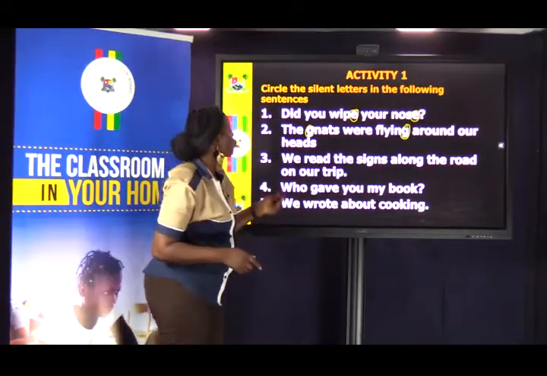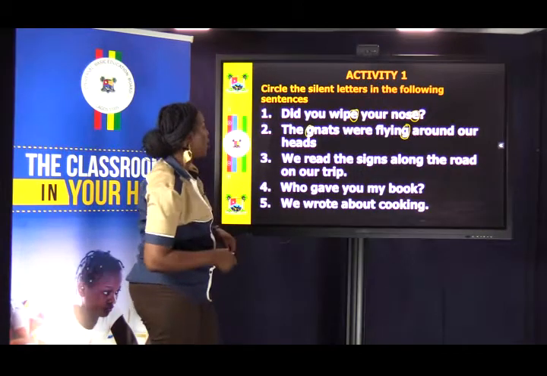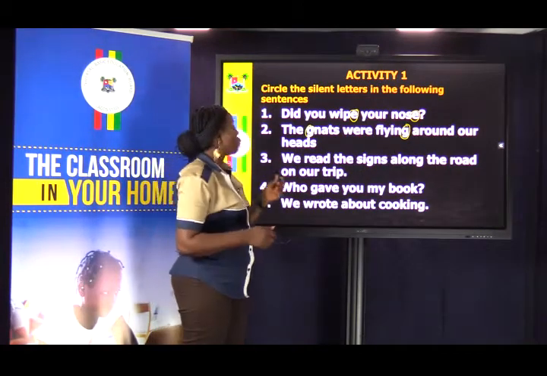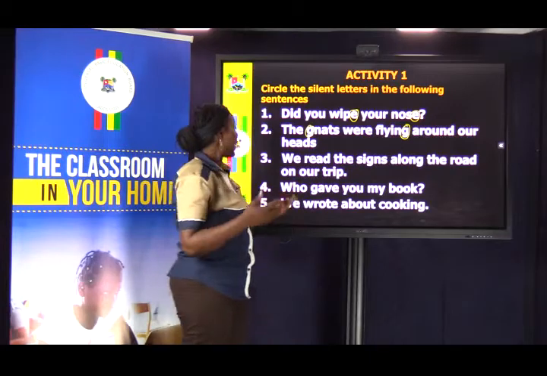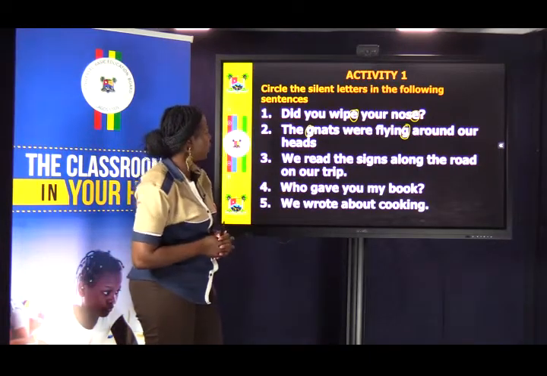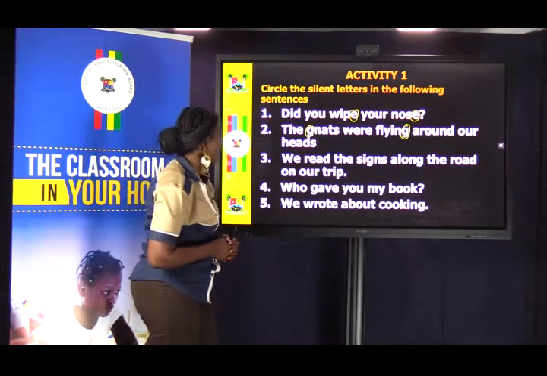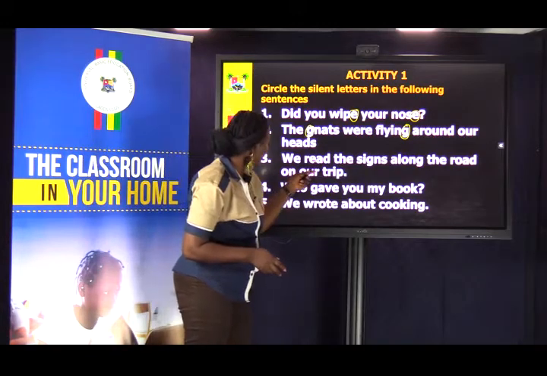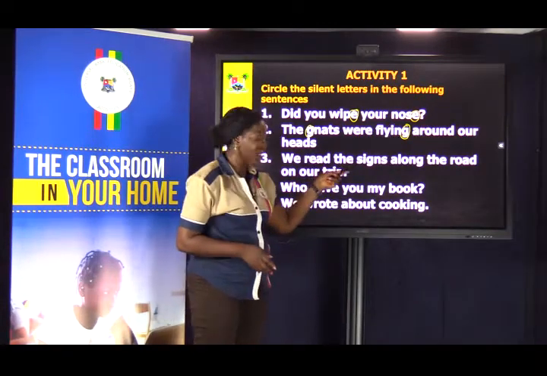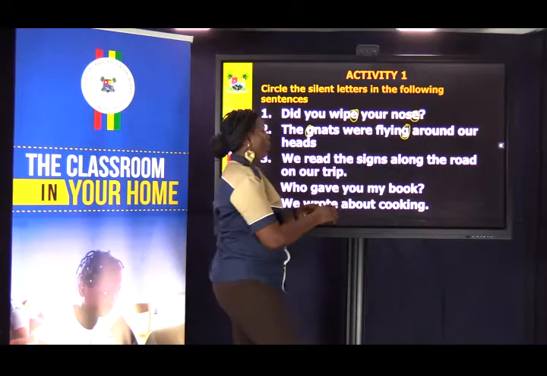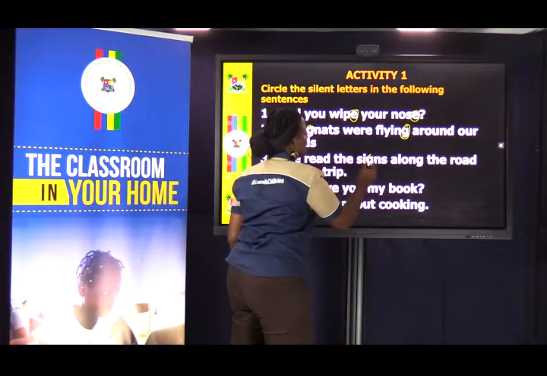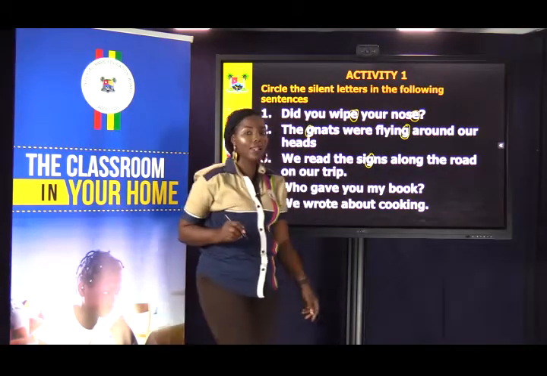Number 3, we read the signs along the road on our trip. Let us look for the silent letters there. We read, okay, we can hear everything here. Signs, okay. So letter G is silent there.